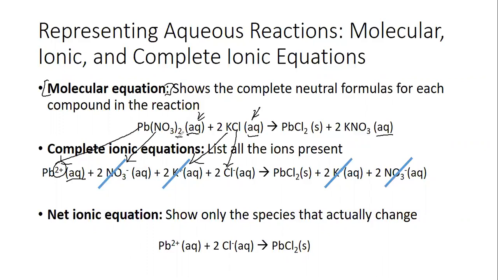Subscripts like the 2 in NO3 will now go in front. So you have two NO3 negatively charged and aqueous. Numbers out in front, we have to distribute. 2 potassium, 2 chlorine.